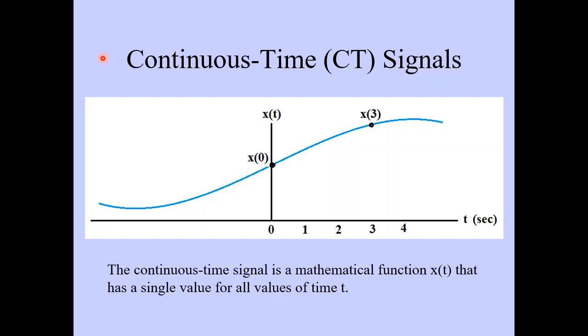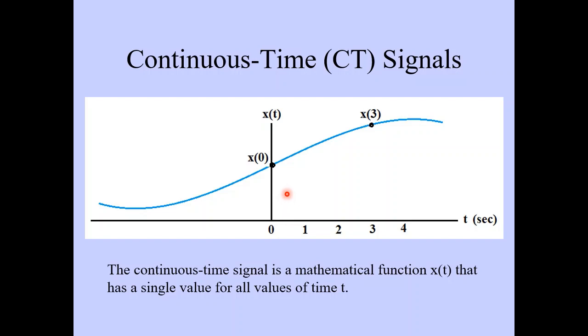Remember, we can represent a signal as a mathematical function. So in this case, our signal is called x of t, and this is basically the function x of t. You can see it's a continuous smooth line here, and this continuous time signal, which is a mathematical function, has a single value for all values of time.